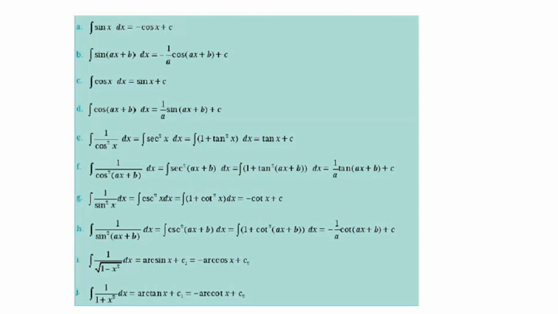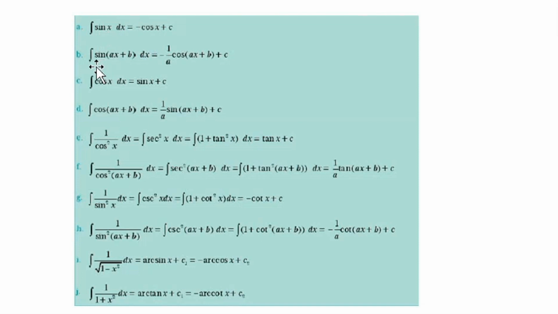they are just the same, but I would like to emphasize here that, for example, letter A, the integral of sine x dx is equal to negative cosine of x plus a constant. And for letter B, the only difference between the two formulas is that the angle for letter B is ax plus b, while the angle for formula A is only x, or having a coefficient of 1x.